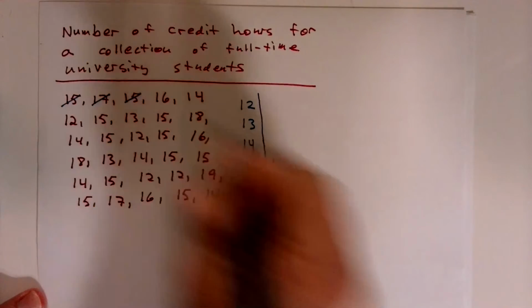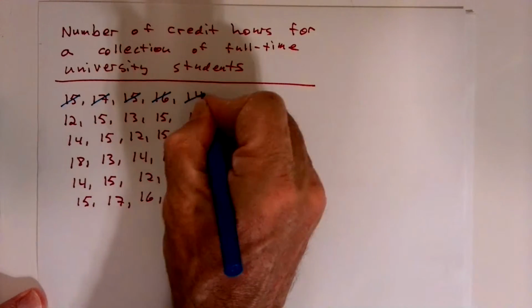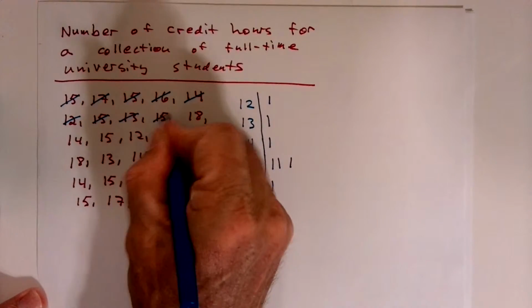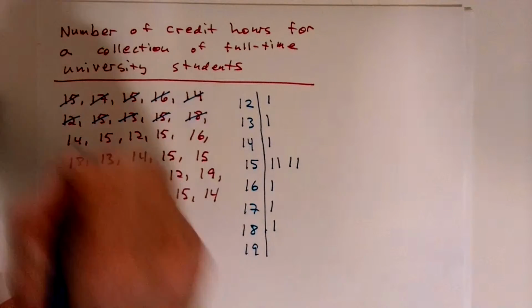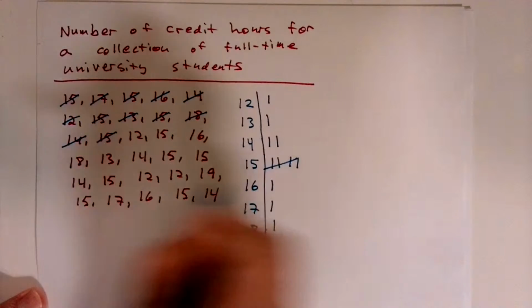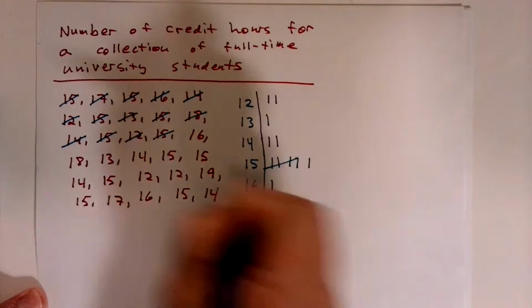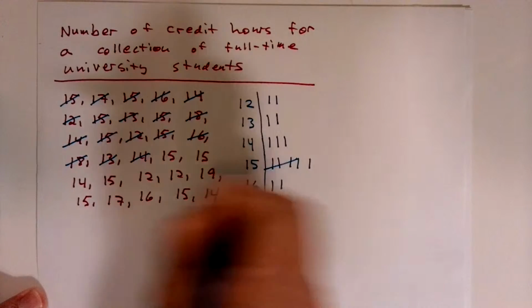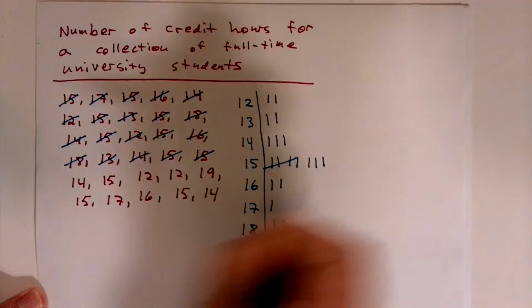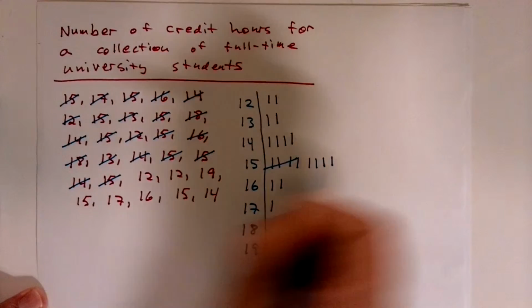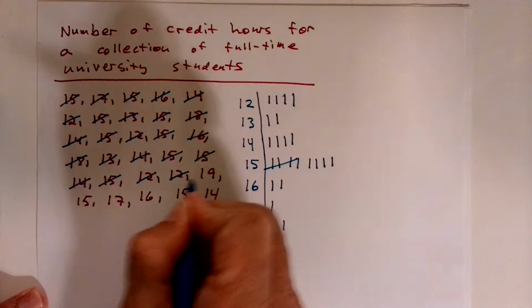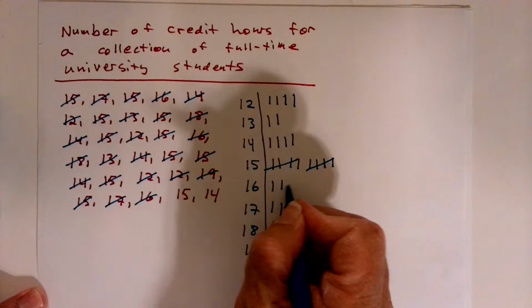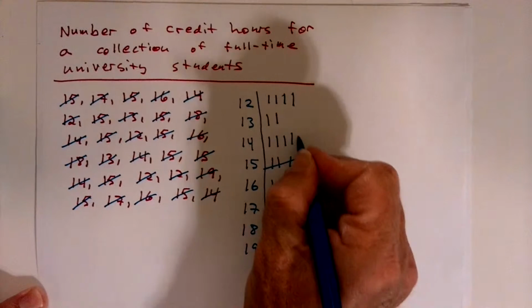15, 17, 15, 16, 14, 12, 15, 13, 15, 18, 14, 15, 12, 15, 16, 18, 13, 14, 15, 15 again, 14, 15 again, 12, 12, 19, 15, 17, 16, 15, and 14.